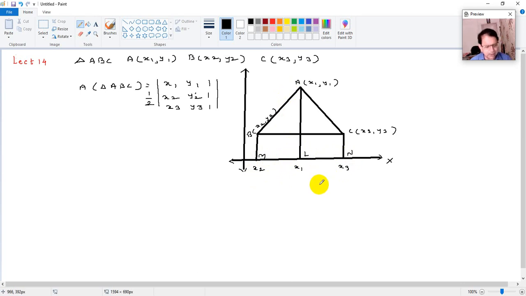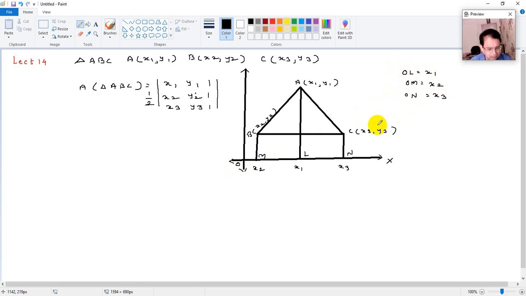Now ABC is the triangle. From A you drop a perpendicular to the x-axis and call that perpendicular AL. If you have the origin O here, then length OL is x1, length OM is x2, and length ON is x3. This is obvious.